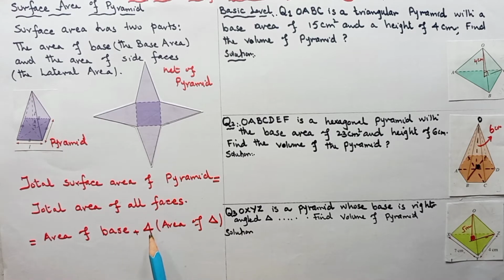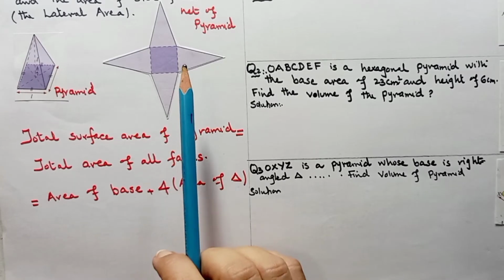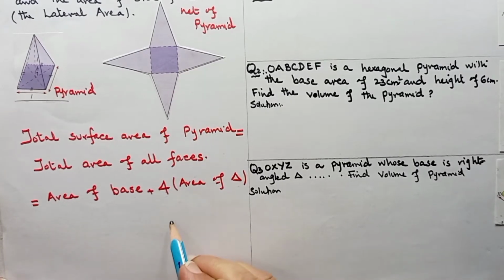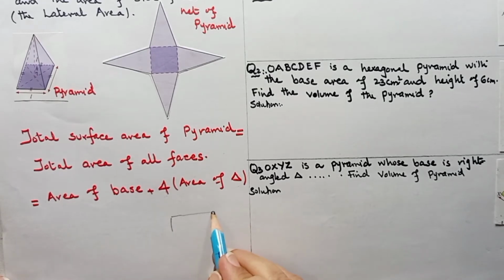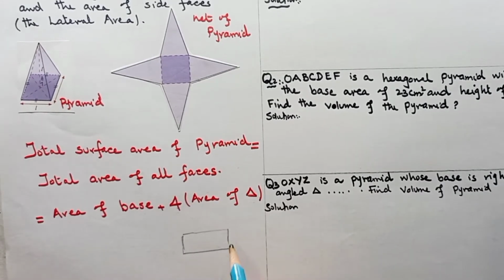But if we have a rectangular base of the pyramid, then we are not going to use 4 times area of triangle. In a rectangle, length and breadth are not the same. So in that case, we will have 2 triangles of identical size and 2 triangles of another identical size.